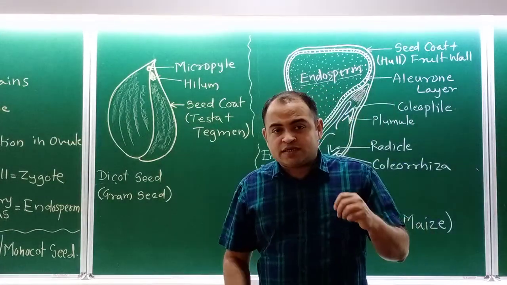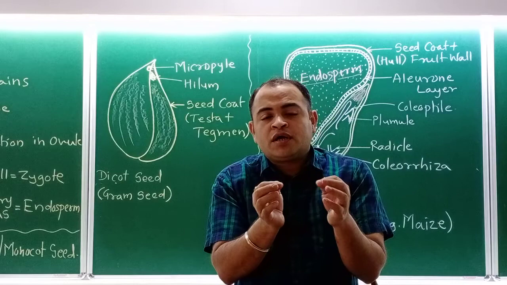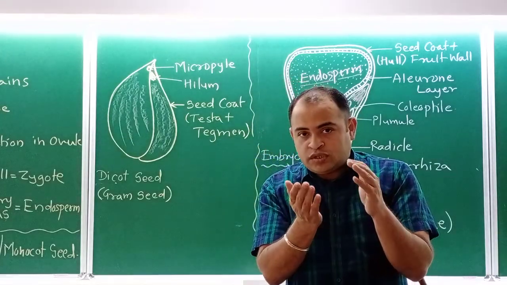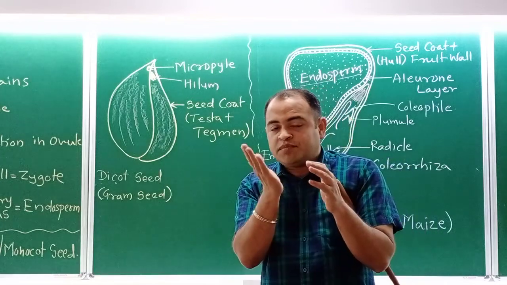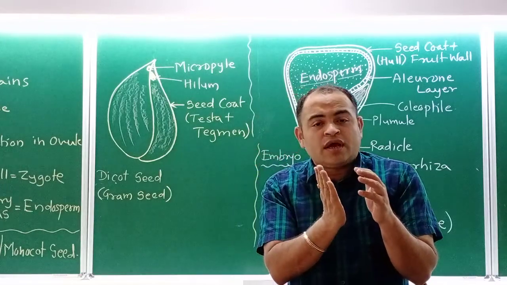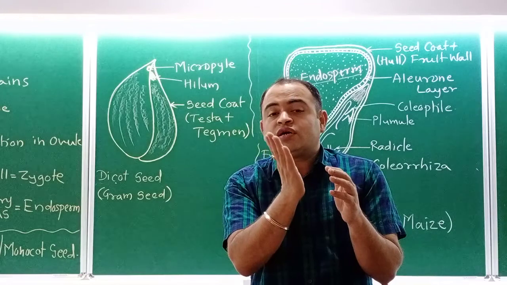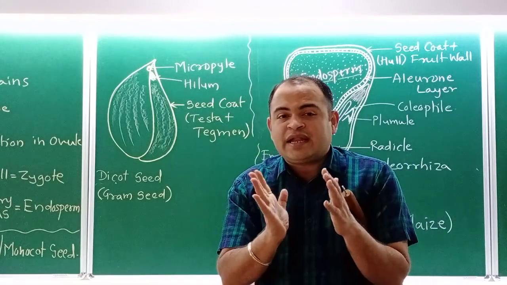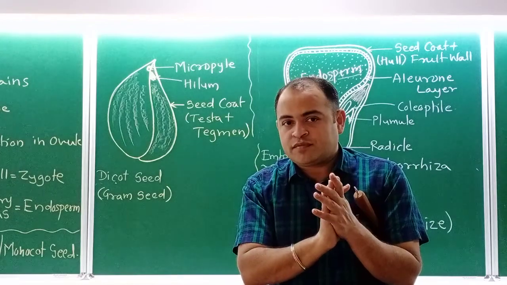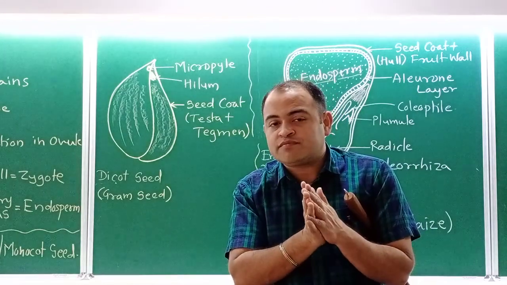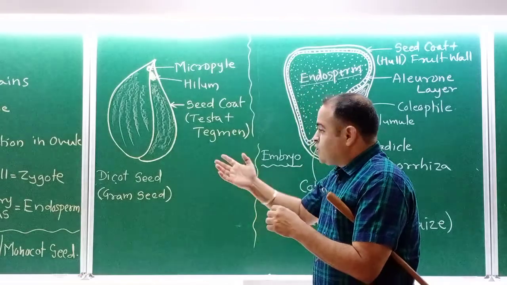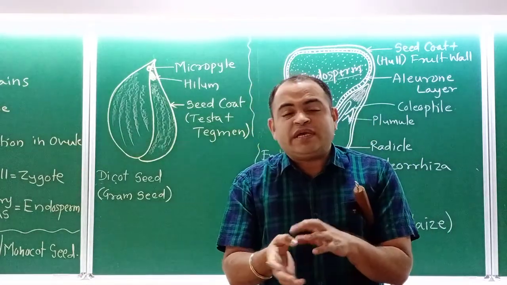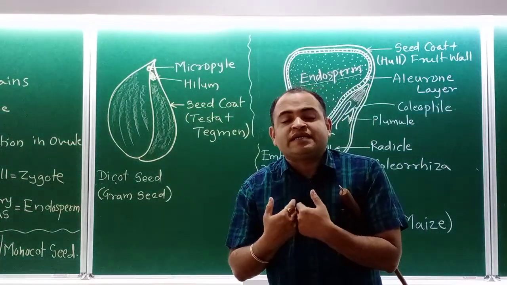And when you open it, if you remove the outer seed coat gently, the part which is present between the cotyledon and the seed coat or the testa is called tegmen. Usually tegmen appears lustrous by nature. Why does it appear lustrous? Because it is showing its different appearance. So it shows its independent existence.